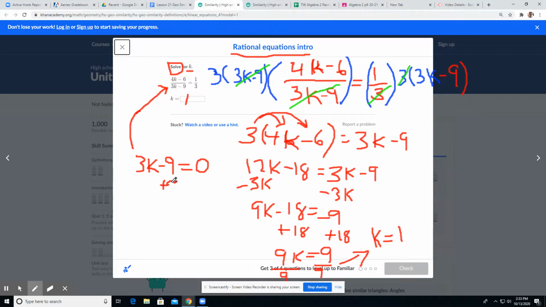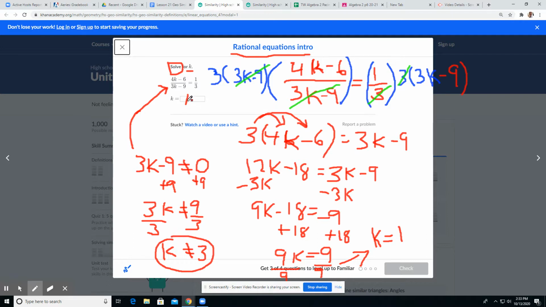So let's add 9. 3k equals 9. Divide by 3. So k cannot equal 3. That's a domain restriction that we have on here.